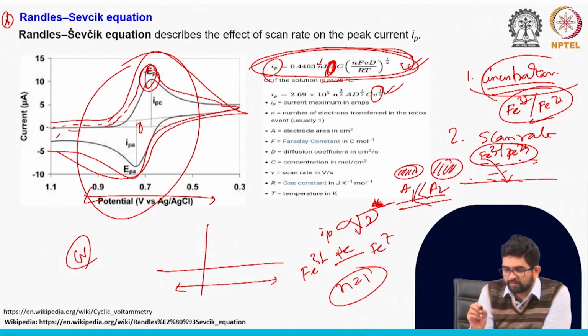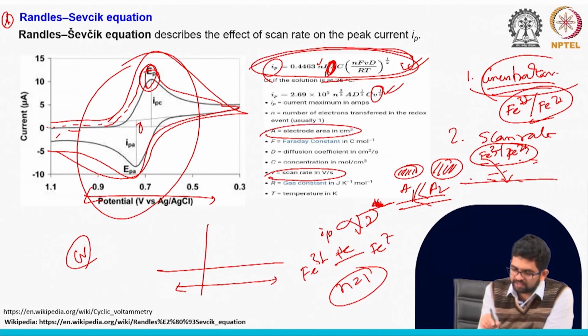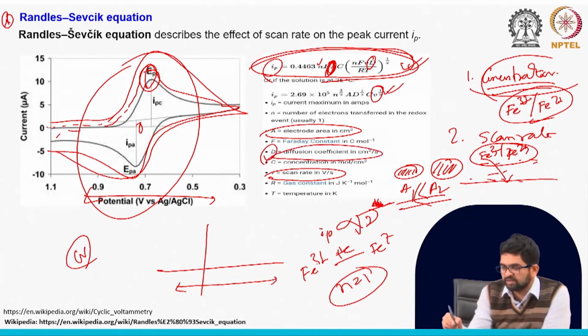So here I am telling you two very important things you can use to explain the output of your cyclic voltammogram: one is the scan rate, another is the surface area, and another thing is the diffusion coefficient D, which depends on which solution you are using, based on your redox couple. Different redox couples in the solution have different diffusion coefficients.